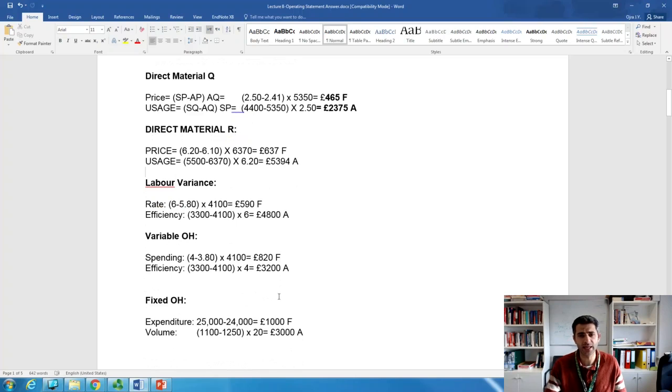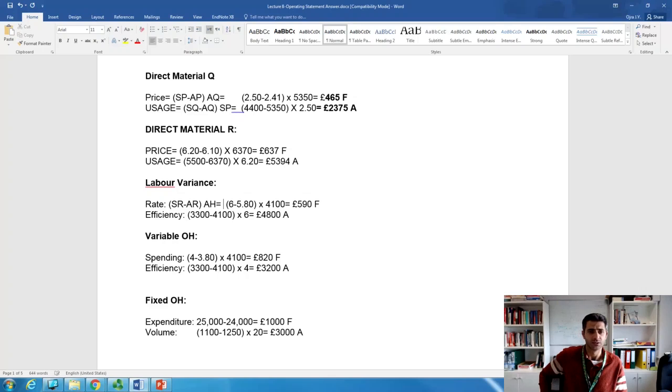Okie dokie. Now for labor variance, again we have two variances: the labor rate variance and the labor efficiency variance. In terms of labor rate variance, the formula is standard rate minus actual rate times actual hours.